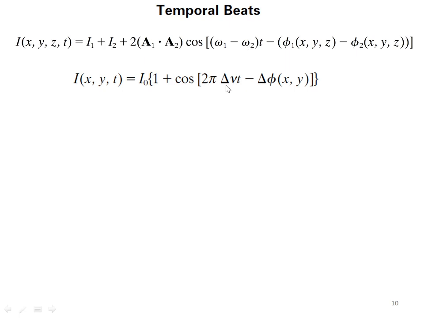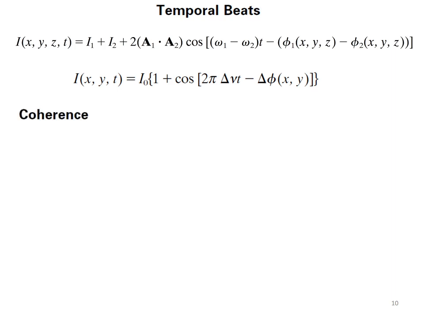So this is delta nu and this is delta phi. That's how we can write the intensity in general. We are not putting any constraint on the sources, whether they have to have the same frequency or a constant phase difference. There is no condition, and in that case this will be the expression for the intensity.